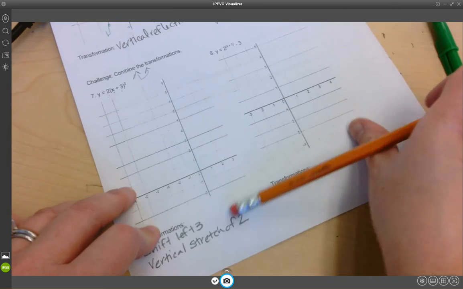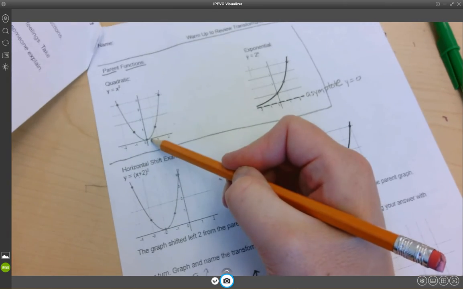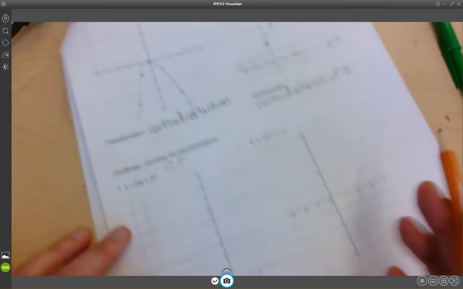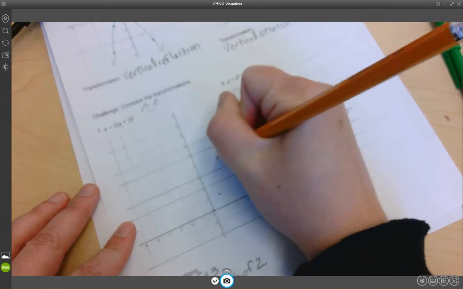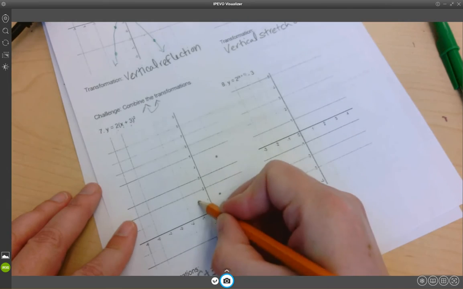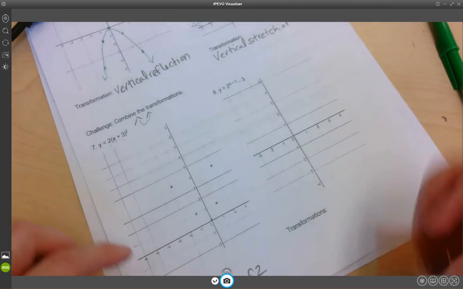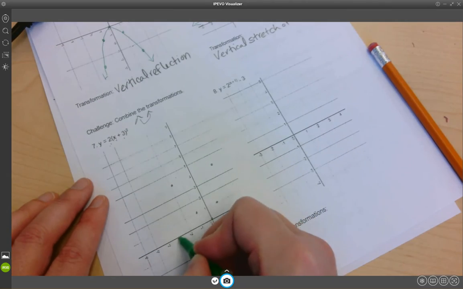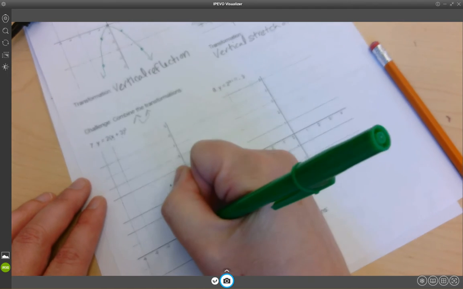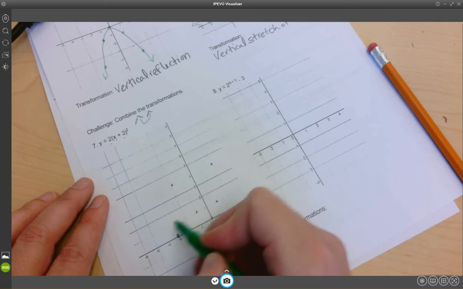Okay, so I'm going to take the points from the parent function. Remember, go back to the first page. Here's your parent function. And I'm going to plot those points. All right, and then each point goes left 3 and vertical stretch of 2. So go left 3. My y value is 0, and 2 times 0 is still 0. Go left 3.